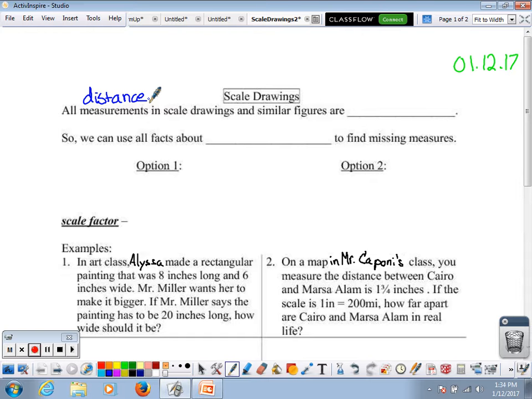Are what? Jake? They are proportional. Which means we can use all facts about proportions to find those missing measurements.